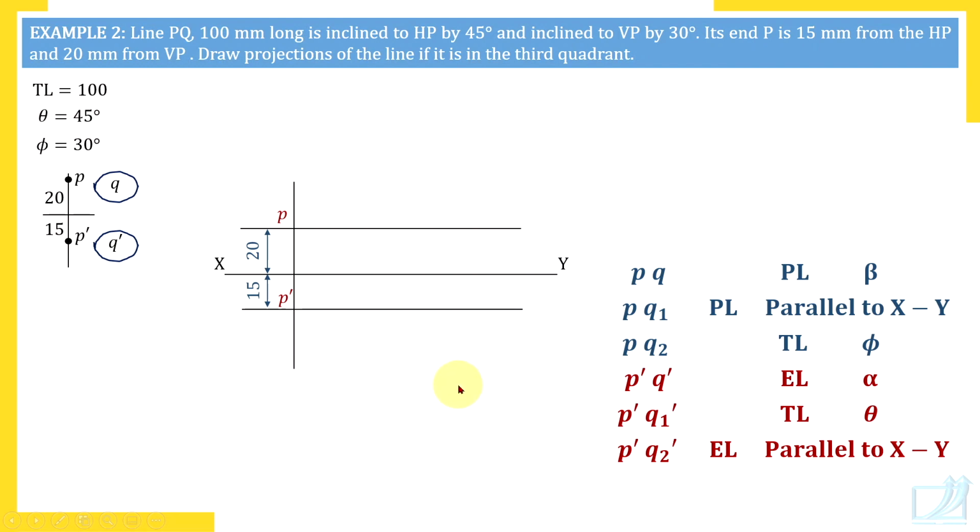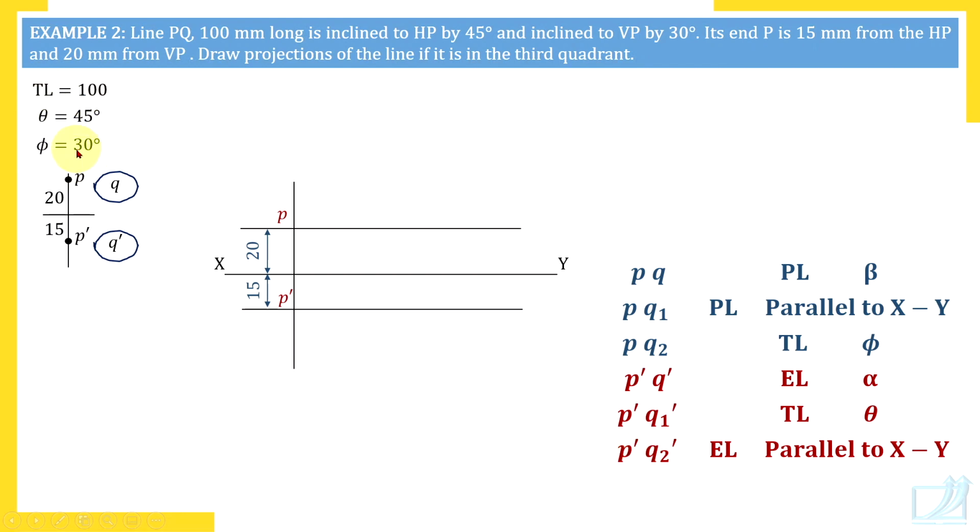Now what logic do we use? Try to understand. This is what you are going to do always in all the problems. After marking the reference point, remember, there are 3 top views through point P and there will be 3 front views through point P dash. Out of these 6 views, the views which you will be able to draw directly by measurements using the data, draw those views.